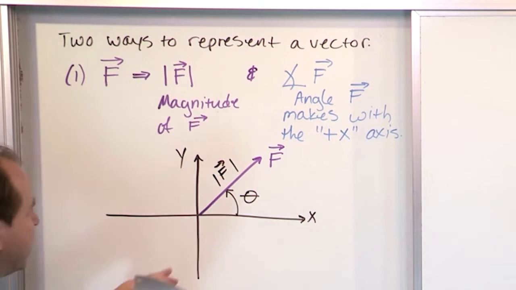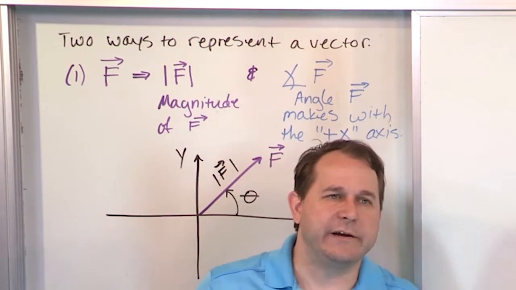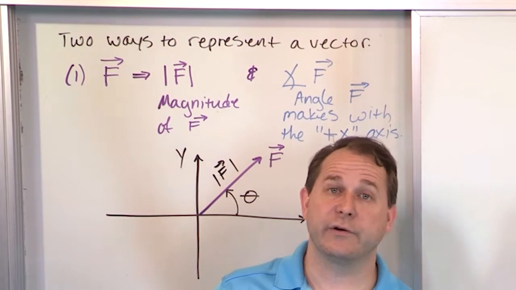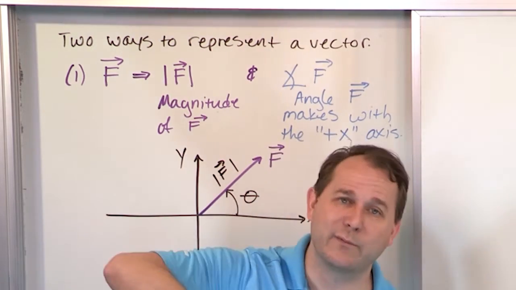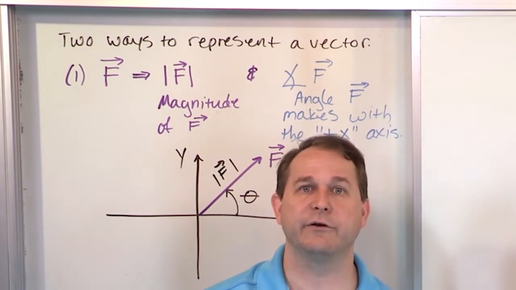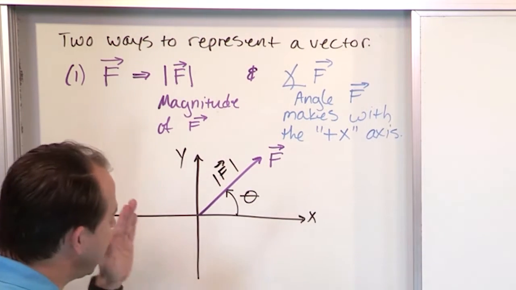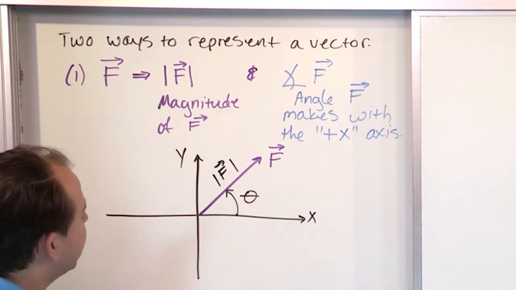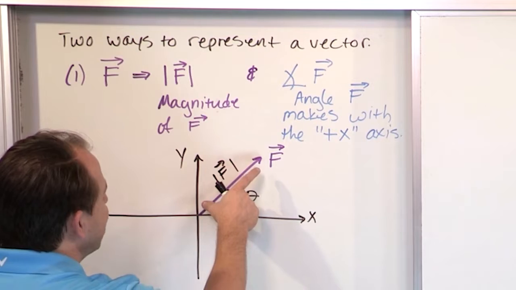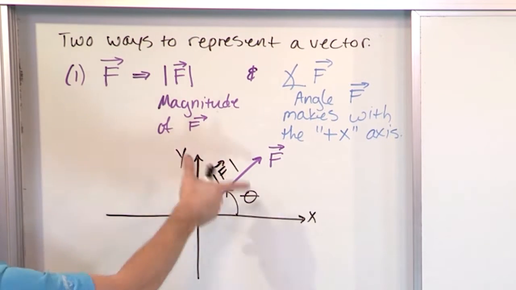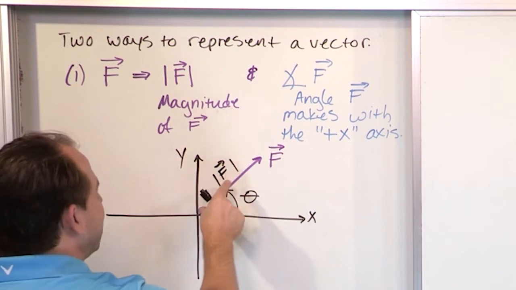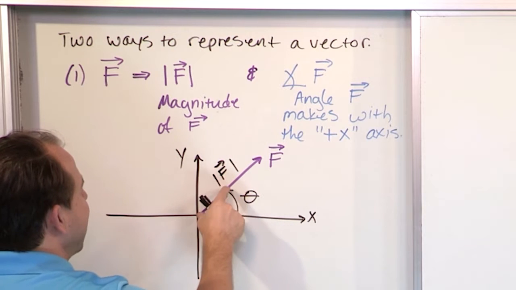Now, this angle in real life is going to be a number. It'll be 10 degrees, or 16 degrees, or 34 degrees, or 90 degrees, or you can even go all the way around, and we'll draw another picture in a second where it can be 120 degrees. But anyway, I hope you understand that representing this vector by these two numbers can represent any vector you want in this entire plane. If it's a short vector at this angle, then the magnitude will be smaller.